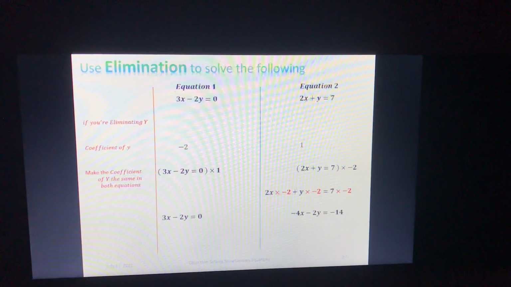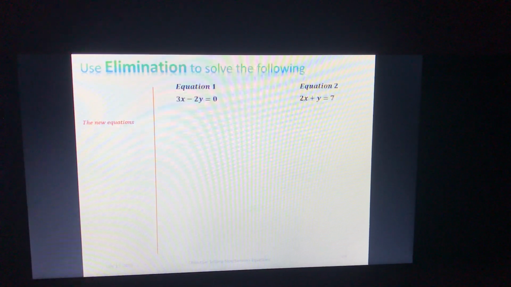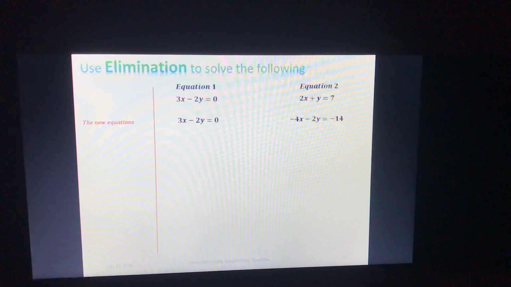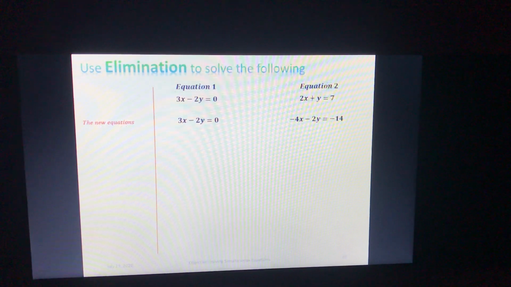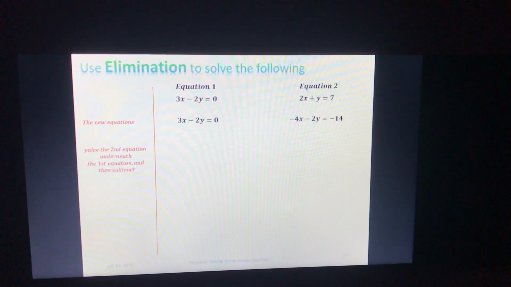And we're going to end up with negative 4x minus 2y is equal to negative 14. Now, the new equations are as follows. We made the coefficient of the variable that we are eliminating, which is y, the exact same. As you can see here, negative 2 in the first equation is the coefficient of y, and negative 2 is the coefficient of y in the second equation.